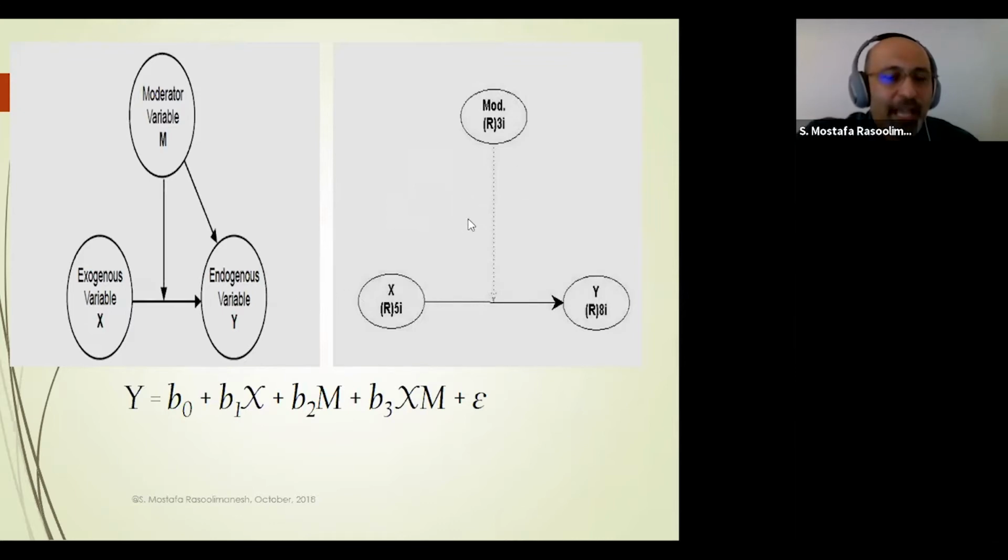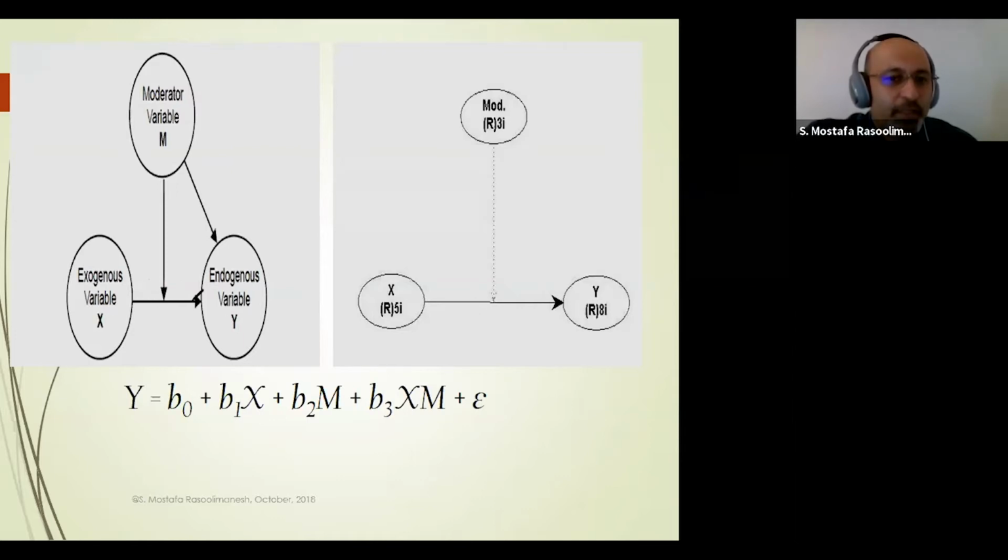When we apply interaction effect, this is the statistical relationship.